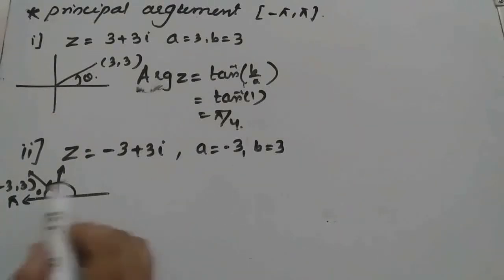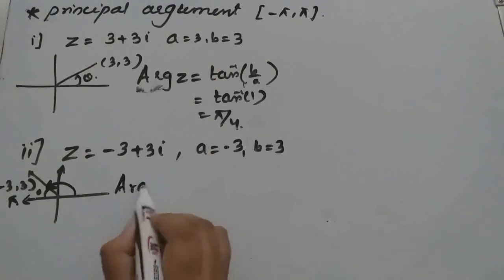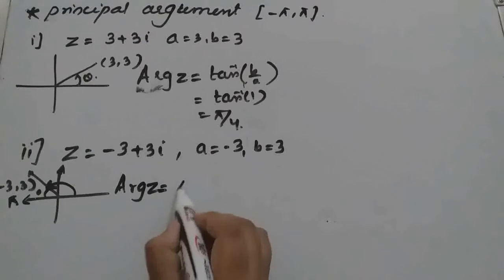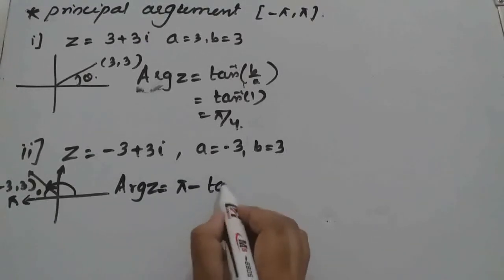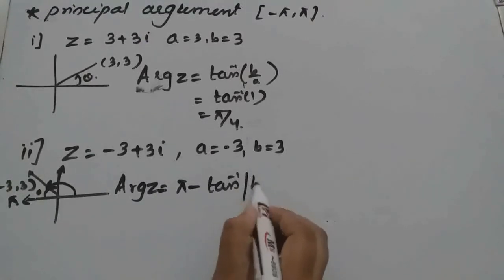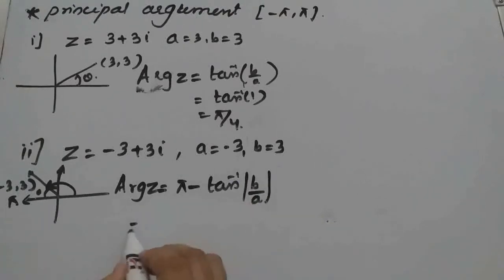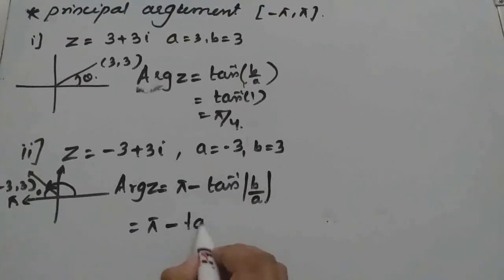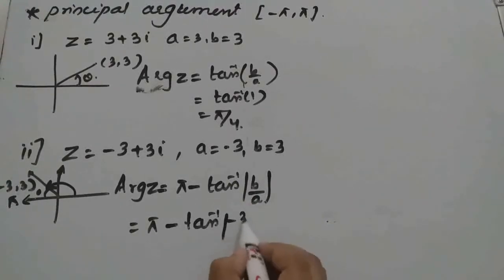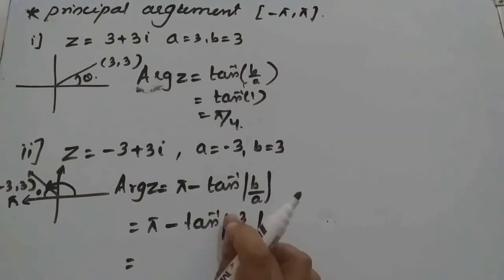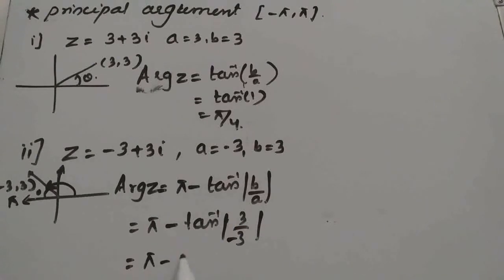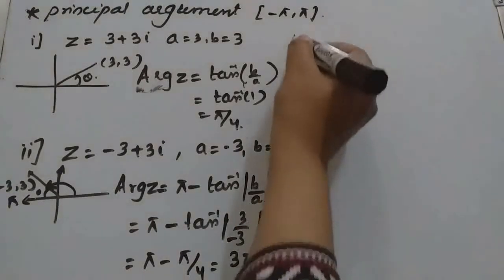So argument of z is pi minus tan inverse b by a. So tan inverse 3 by minus 3, it will be 1 only. Pi minus pi by 4, that is 3 pi by 4.